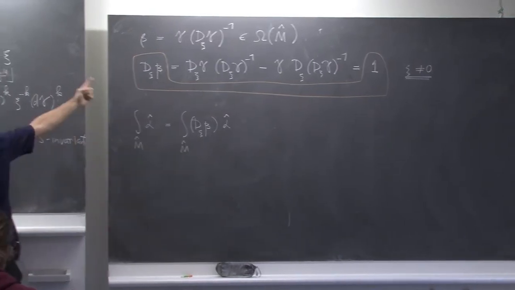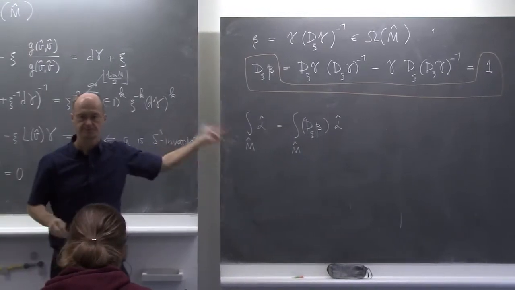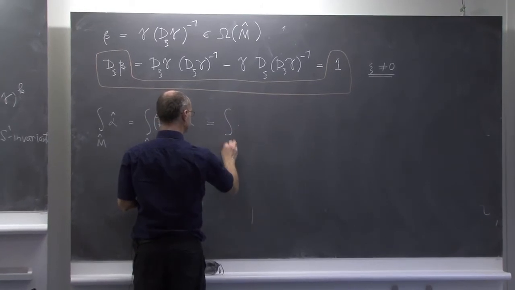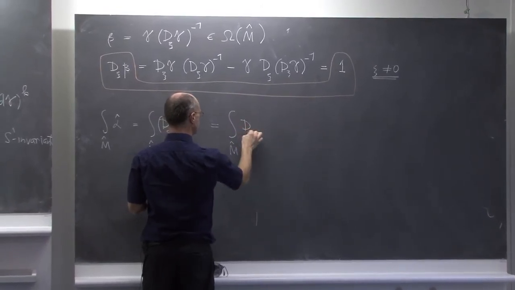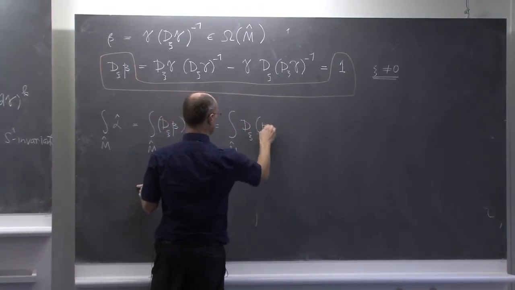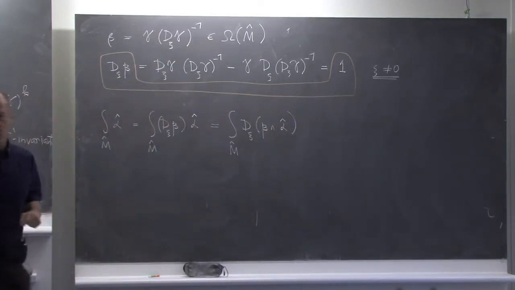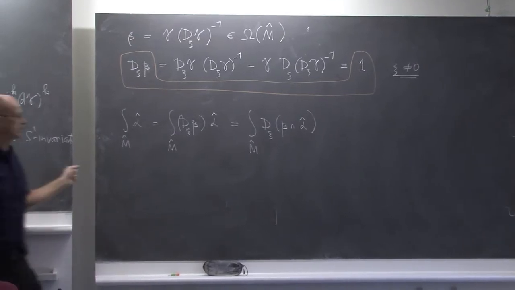Well, of course, d psi beta is simply equal to 1, right? Now we rewrite it as an integral of d psi of beta wedge alpha hat.